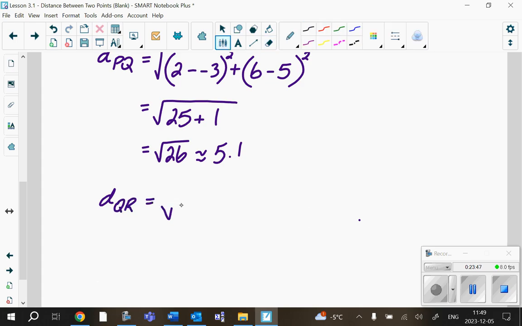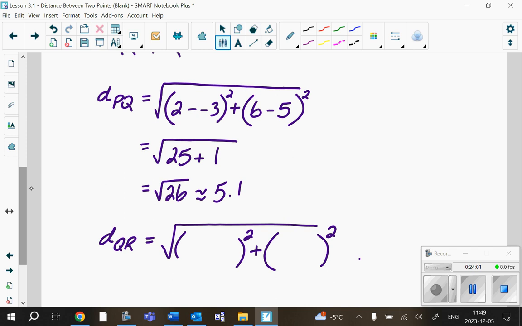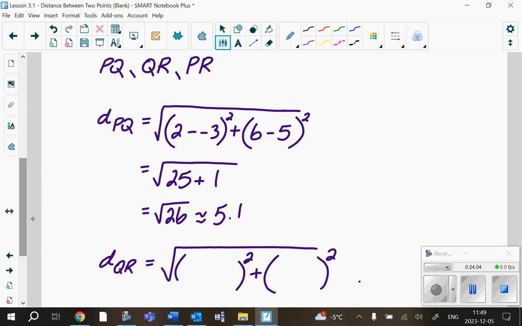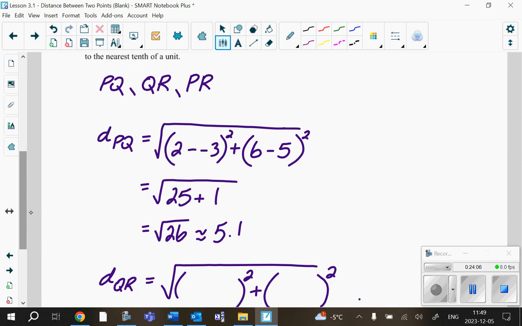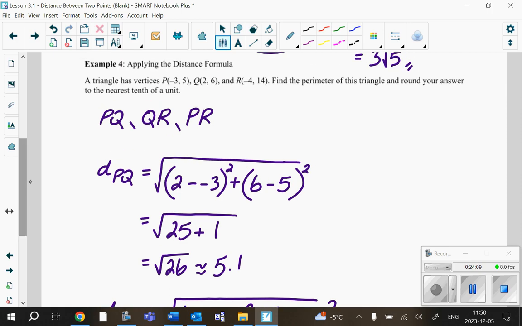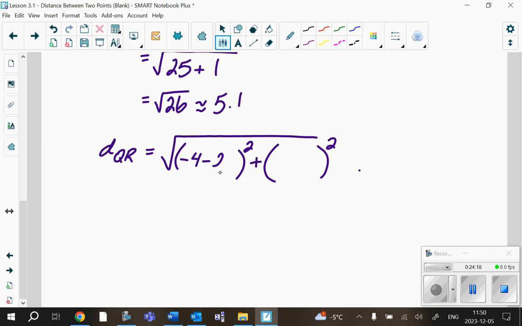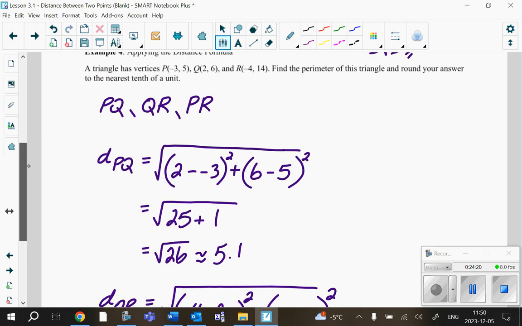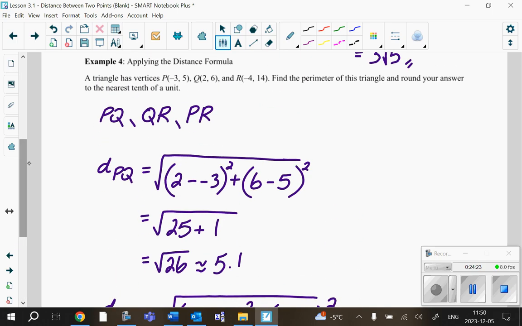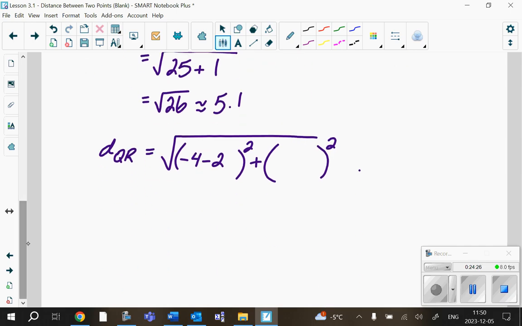So my big long square root, my 2 sets of parentheses with a plus in between and each getting squared. So if I do QR and if I call R the second x's and y's and Q the first ones, I should get -4 subtract 2, and 14 subtract 6.